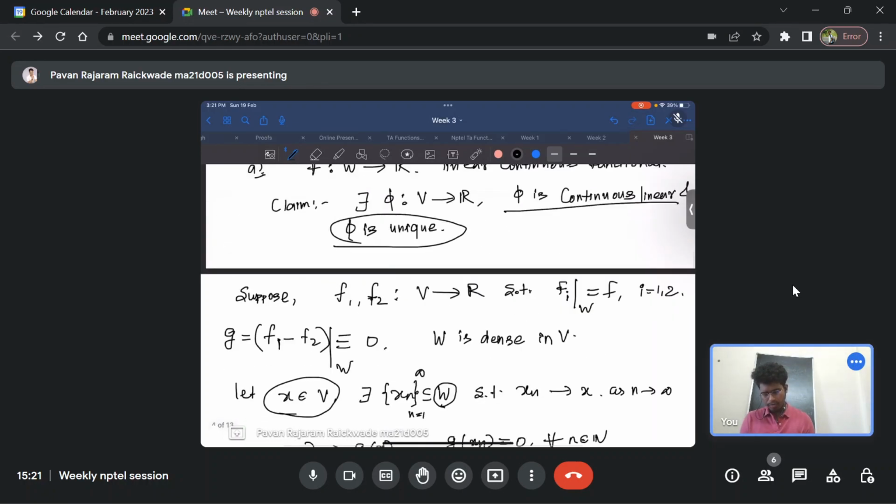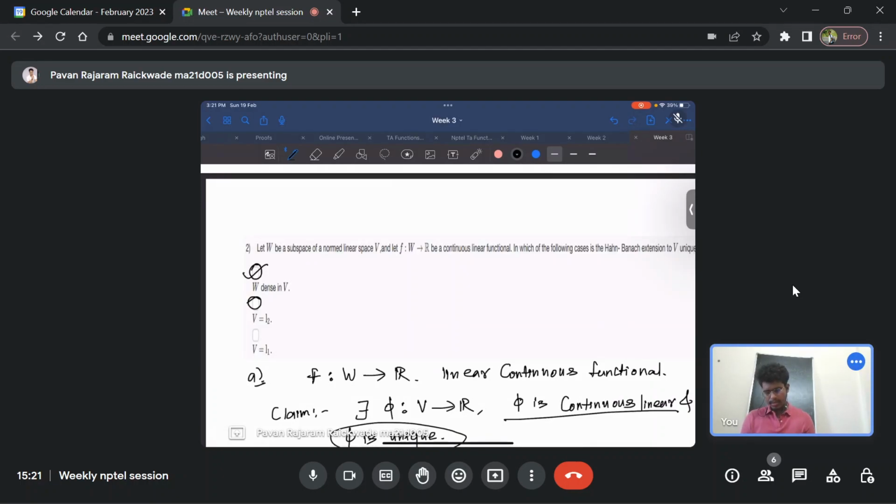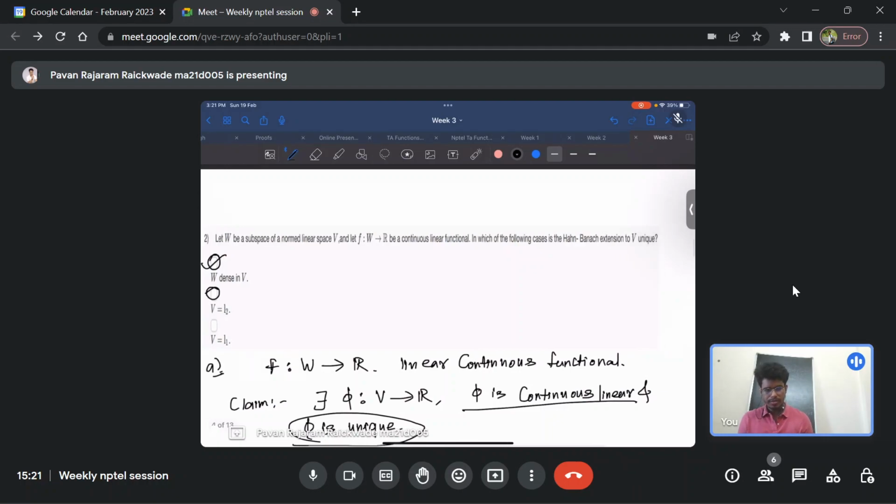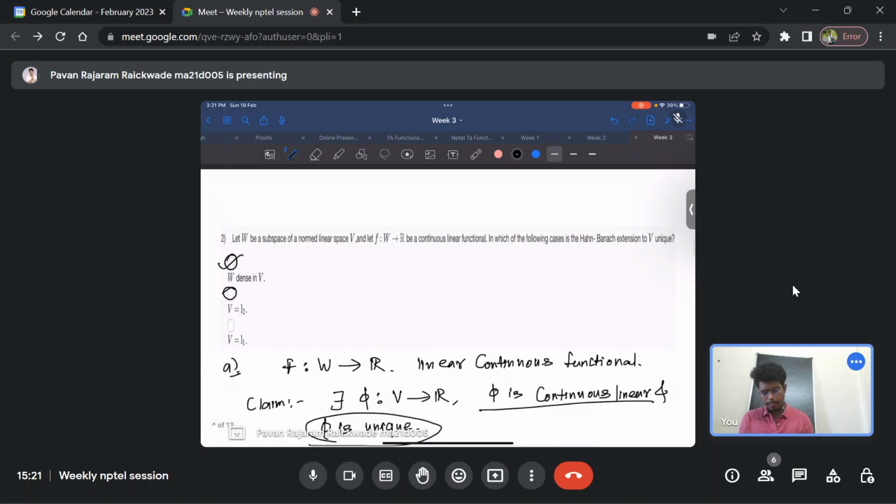Okay, so we want to check. The first one is correct. Second one, V equals L2. What is the dual of L2? For Lp, the dual Lp star is Lq, where 1 by p plus 1 by q is 1.